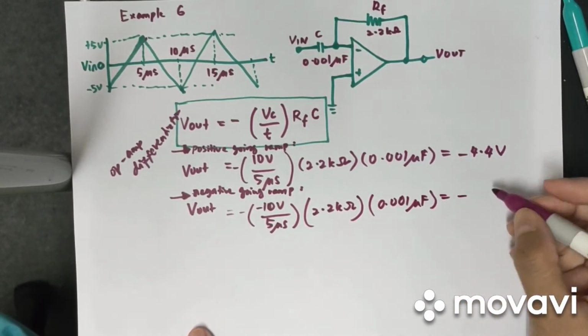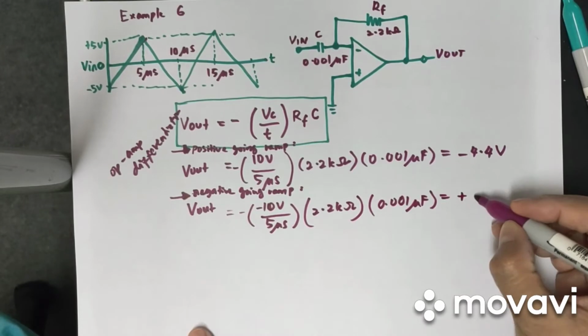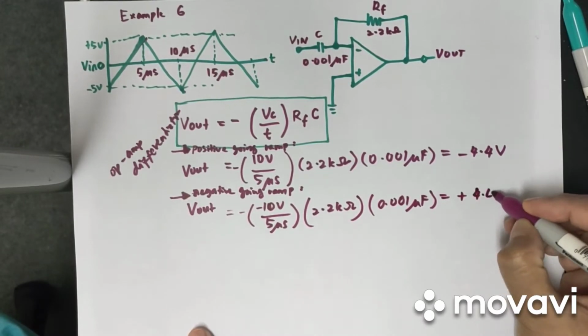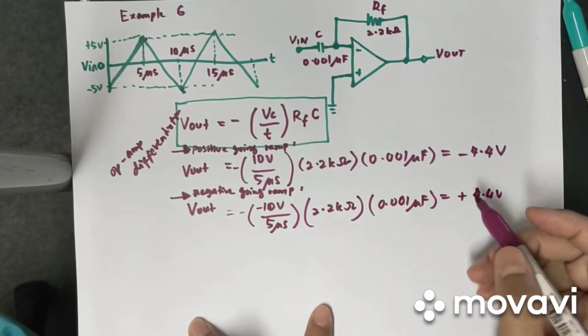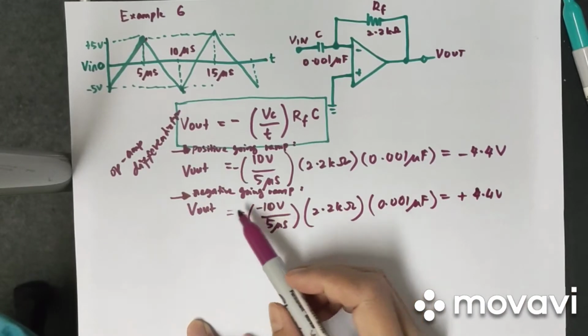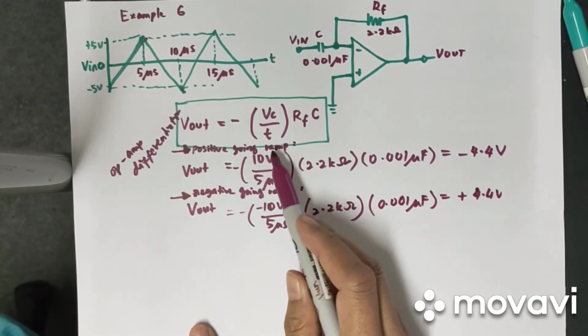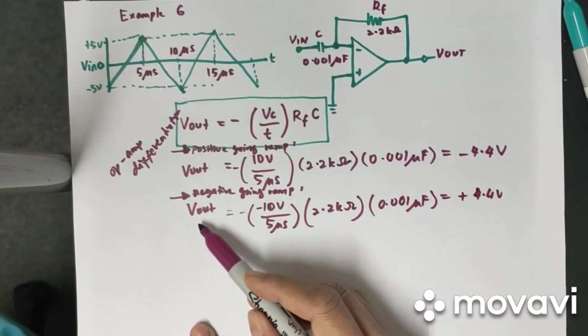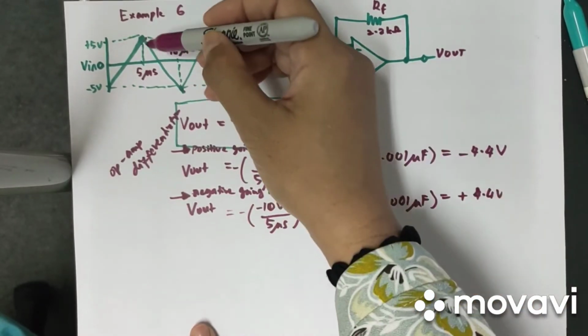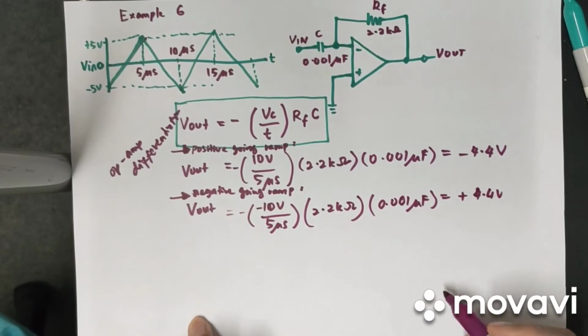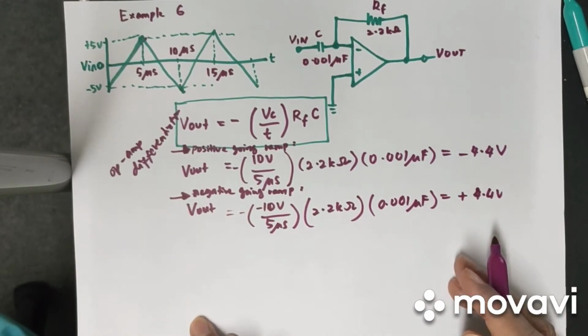So you will get the answer as a positive 4.4 volt. Okay, so this is V out for the positive ramp, and this is V out, a positive 4.4, for the negative ramp.